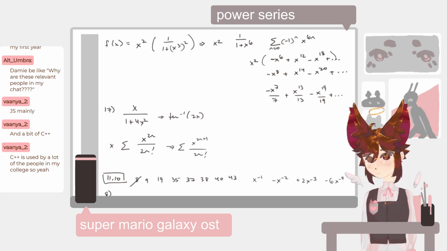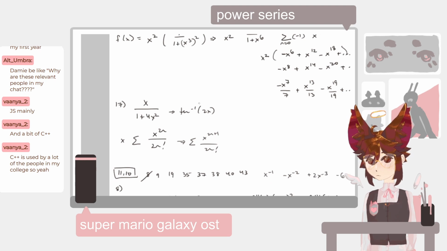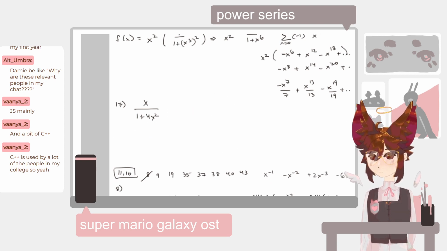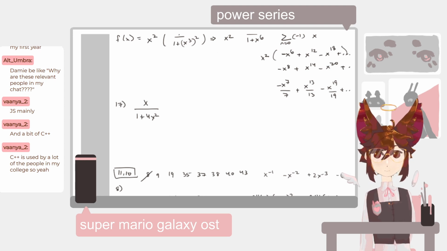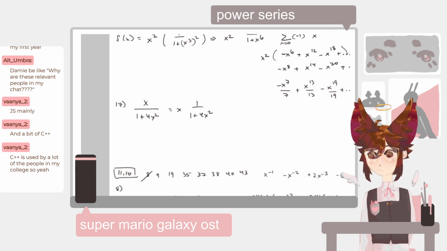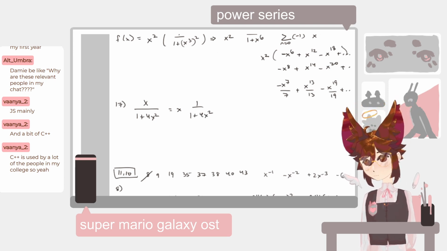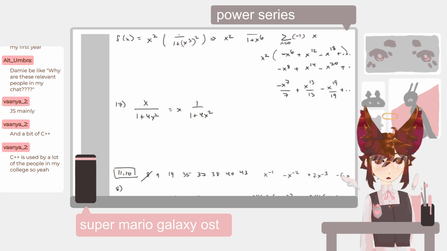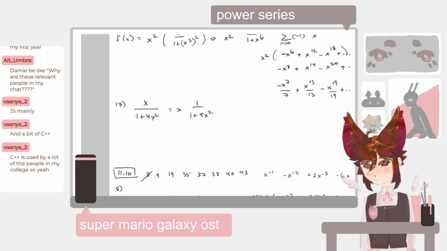Okay, for 17... How do I want to do this? Well, I'd rather have it be equal to x over like 1 plus 4x squared. That's better. Oh, it's because I'm not doing the right problem.